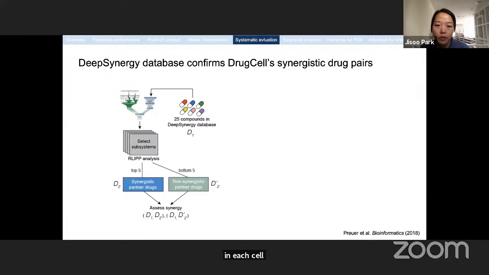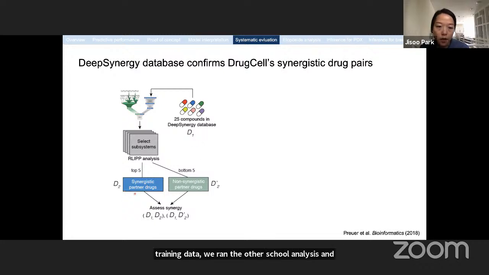To systematically validate DrugCell's findings about the synergistic targets made using Olive score, we did the following analysis using a public database called DeepSynergy, which collects synergy scores of drug combinations between 32 drugs. For 25 primary drugs, both existing in DeepSynergy and our training data, we ran the Olive score analysis.